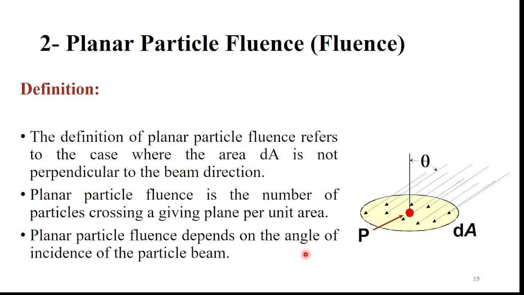Another parameter is the planar particle fluence. We are still within particle fluence, but there is something called planar particle fluence. How does it differ from the first parameter? It refers to the case where the area dA is not perpendicular to the beam direction.